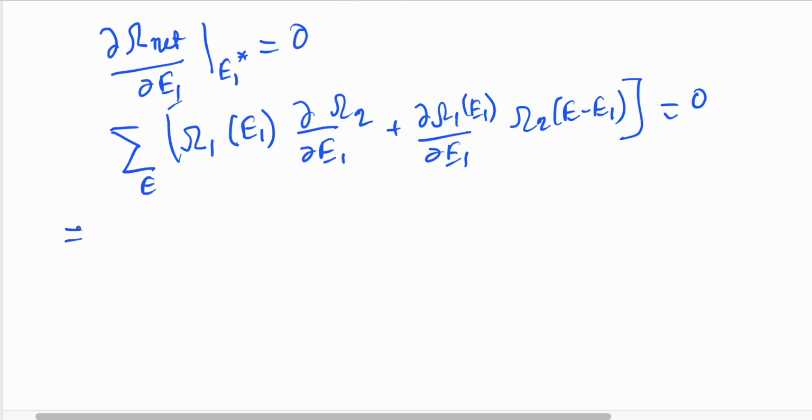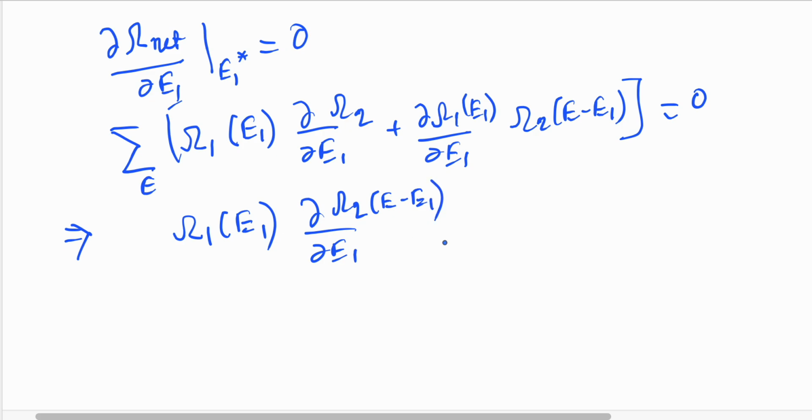That means the maximum energy corresponds to del omega 1 del E1 times omega 2 of E minus E1 plus omega 1 of E1 times del omega 2 of E minus E1.